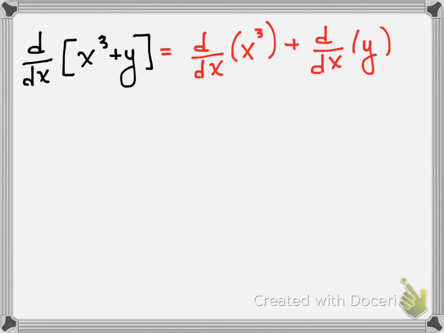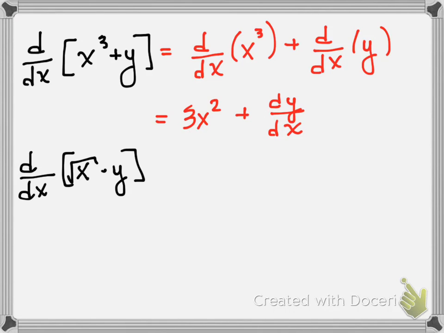The derivative of x cubed with respect to x is 3x squared. And the derivative of y with respect to x, well, that's something we don't know. So we're just going to have to write it as dy dx. We have some incomplete information there.